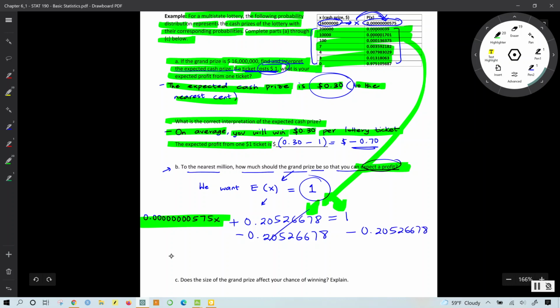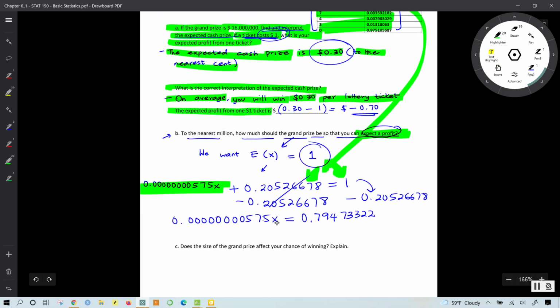So I have 0.12345678575x equals 1 minus this value. That would be equal to 0.794733322.